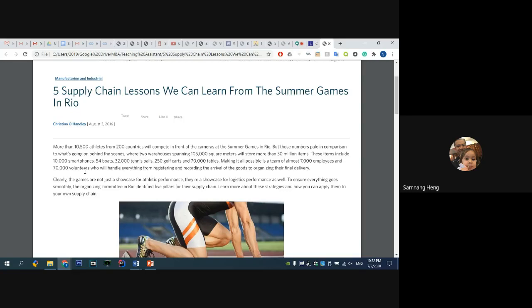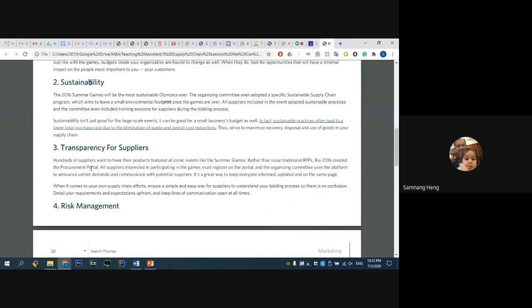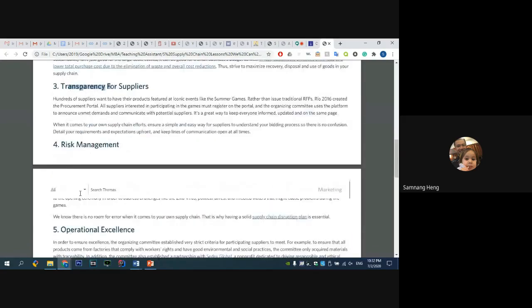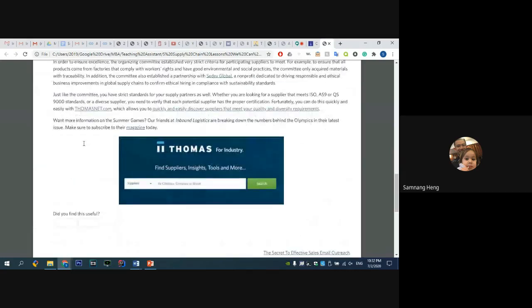So it's going to be a disaster if they don't know how to manage the logistics and supply chain management. Here, please read this. It's short. The first point, they talk about optimization of cost, sustainability, transparency of suppliers, risk management, and operational excellence. Okay.